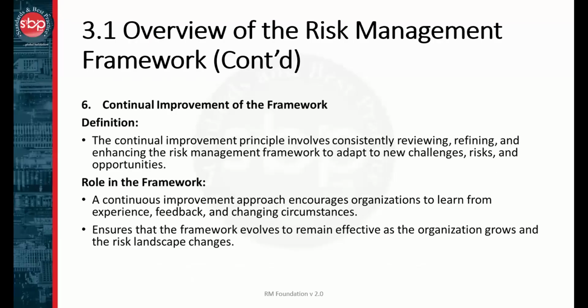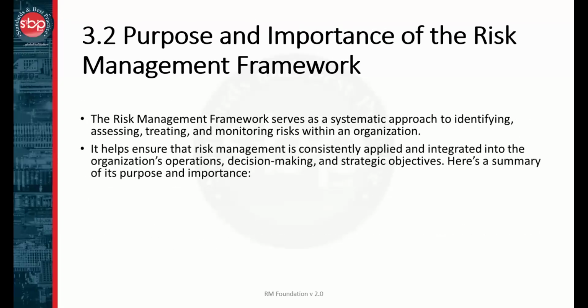There has to be continual improvement. Once you've assessed and you've noticed some areas that are lagging, you find a way to review and improve on those processes, adapt to new challenges we've identified, and of course, improve the risk culture within the organization.